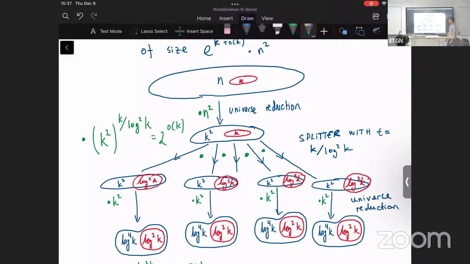I am now reducing the problem to finding perfect coloring families for sets of size log squared k, because k divided by k over log squared k is log squared k, in the universe of size k squared. And now what is the cost? I paid an overhead of size n to the t, so that's k squared to the k over log k.